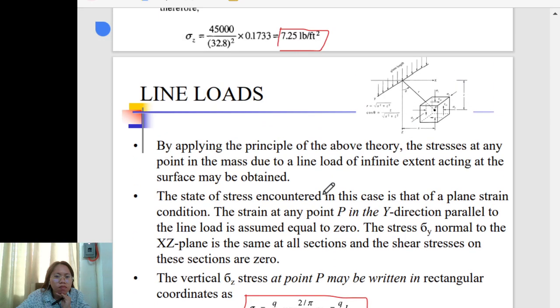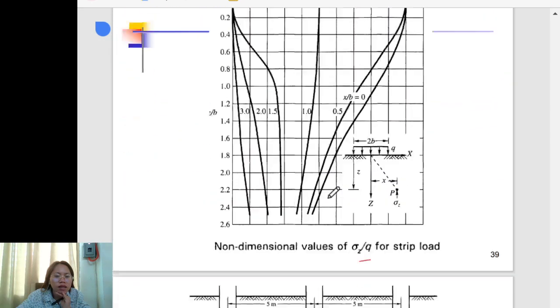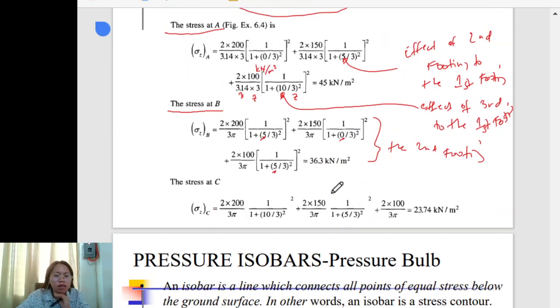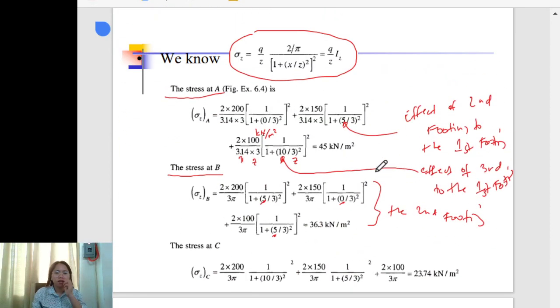It is like a radial distance, no? x is the radial distance. Then at C, the same concept, it becomes 10 again, 10, then 5, then 0.